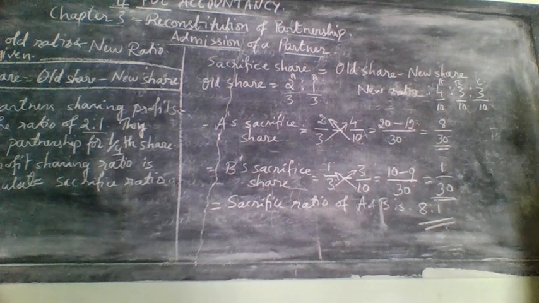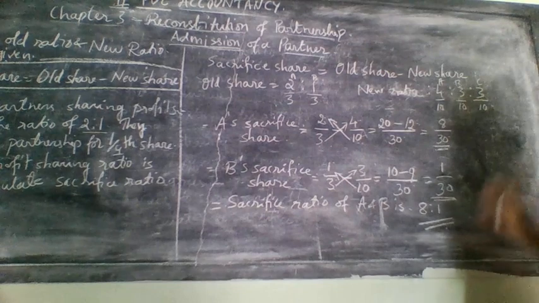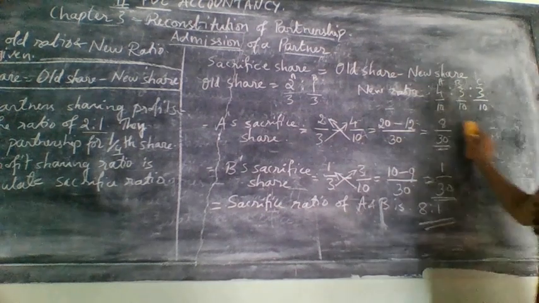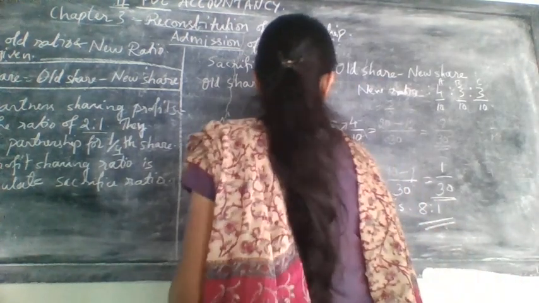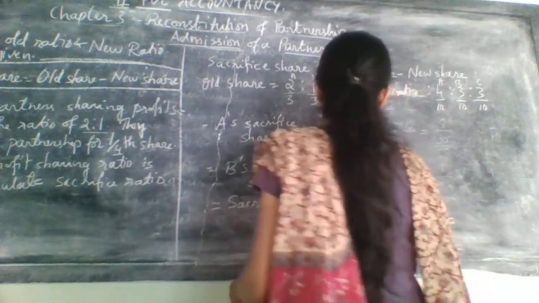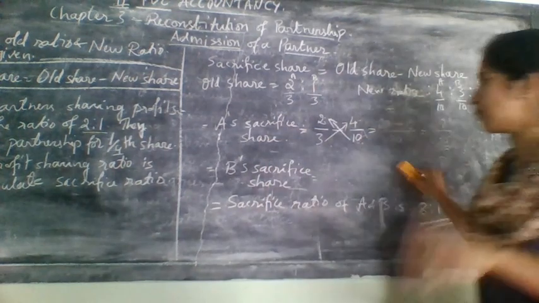Make a note of this in your notebook. First you write it down in the rough book and later you can copy. One more method, which I will do now, is by not doing cross multiplication. In both methods you will get the same answer.